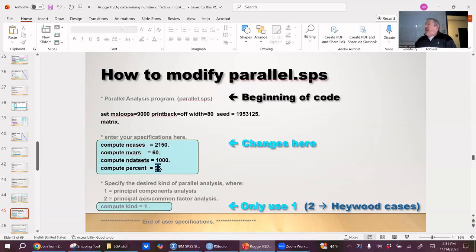Because I know I'm going to be running a principal axis factoring, an EFA, not a PCA, in the actual data, I initially tried using Brian's code on this last one, setting it to 2, please use principal axis common factor analysis to generate the eigenvalues.